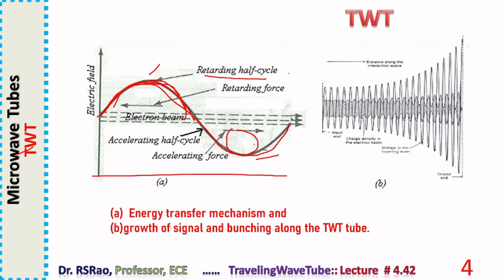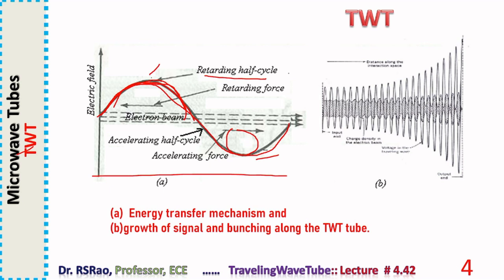Net result is, as electron concentration decreases, the energy that is taken from the axial field by the electrons for getting accelerated also comes down as the frame moves towards the output end.